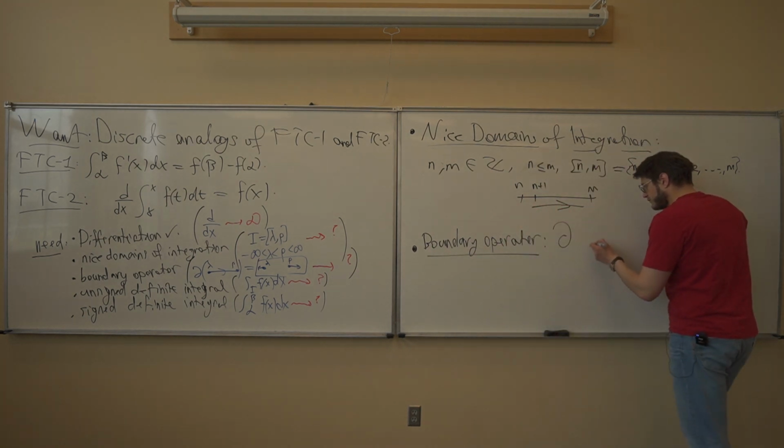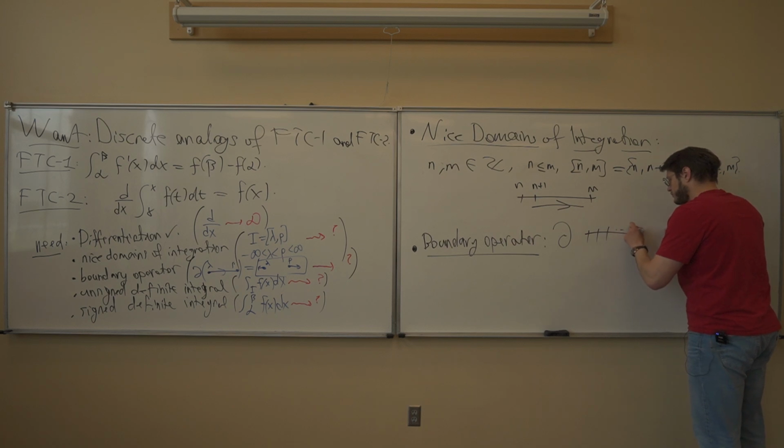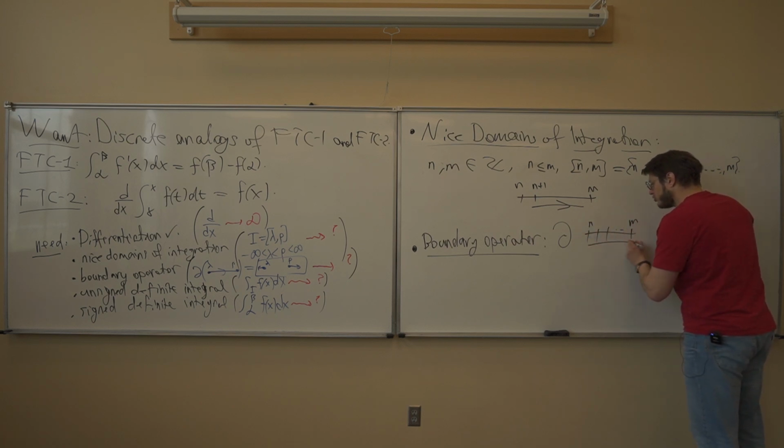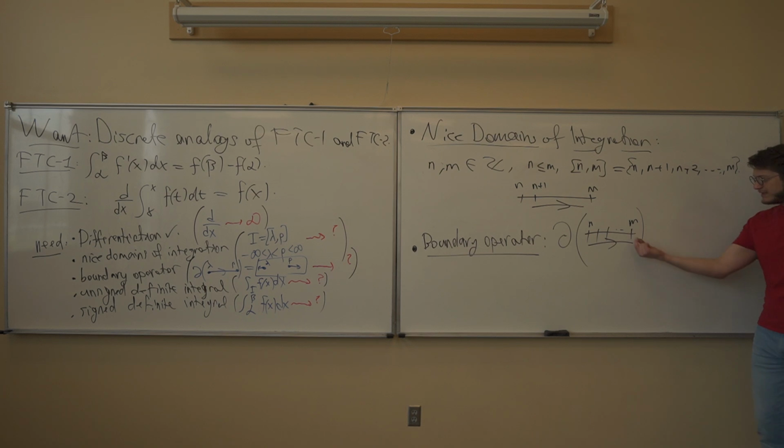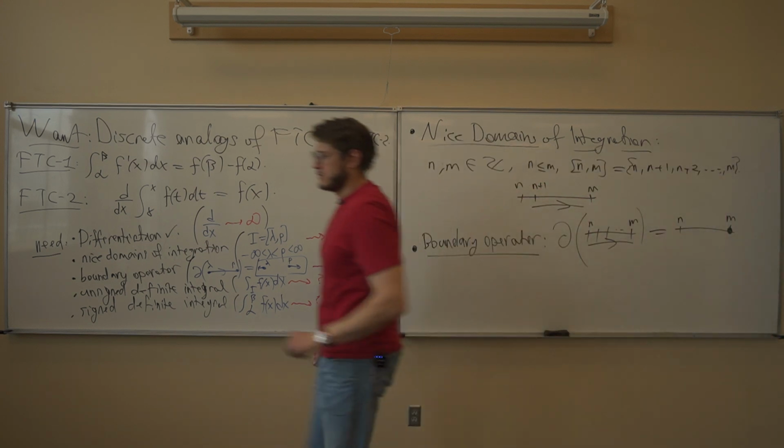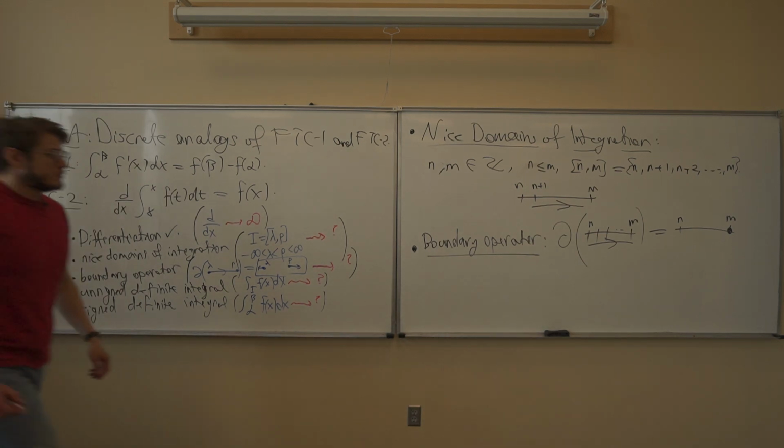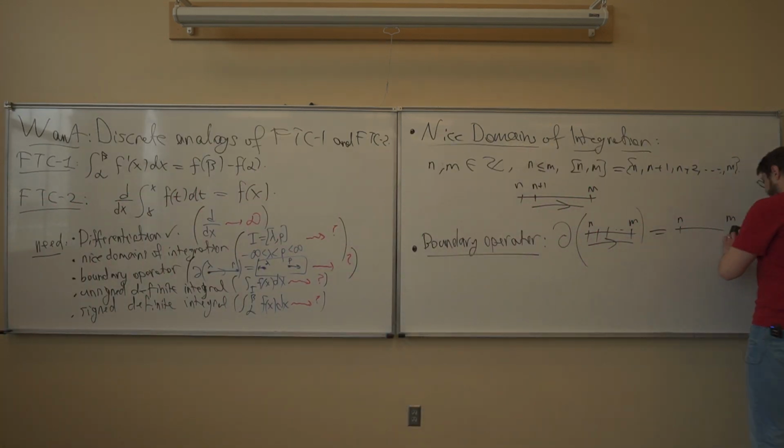The boundary of this, from n to m, oriented this way, should be this point with this orientation and this point with that orientation. So maybe I should use a different color. The point is that the arrows should be outwards.